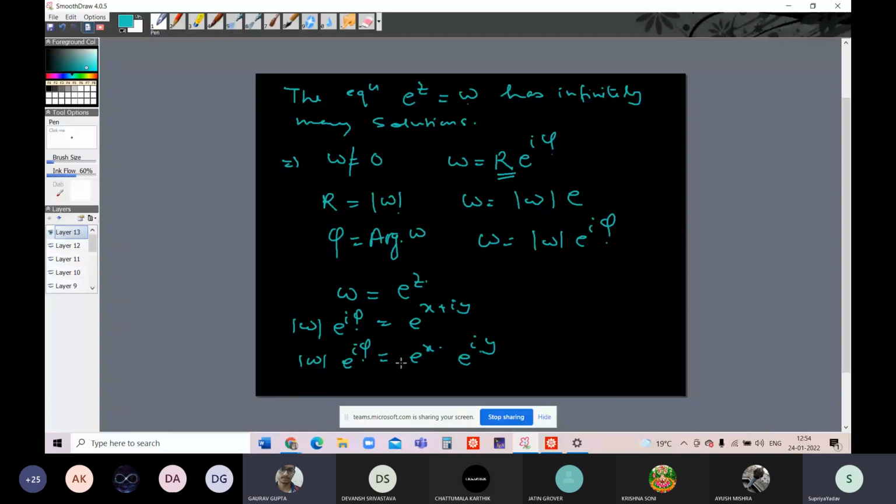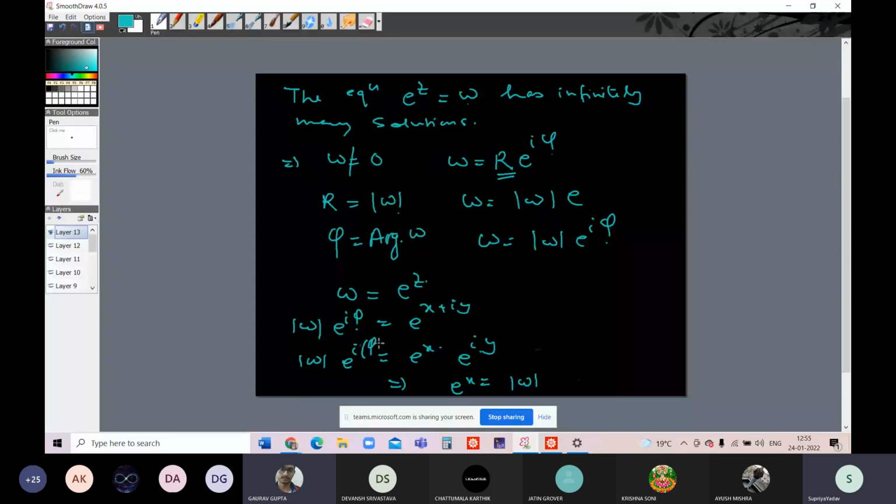So exponential x must be equal to the modulus of w, and here in place of phi we can write the general value phi plus 2n pi.